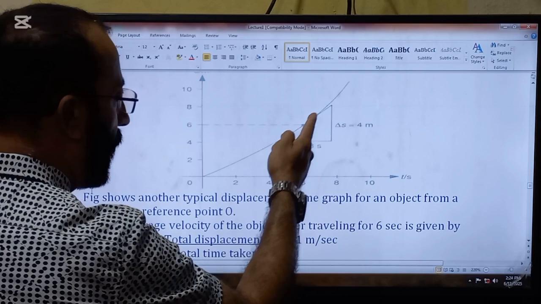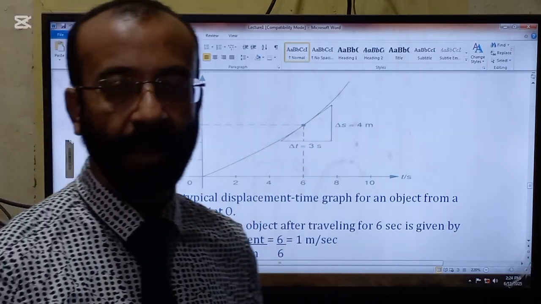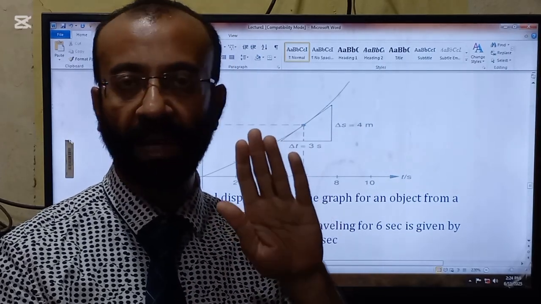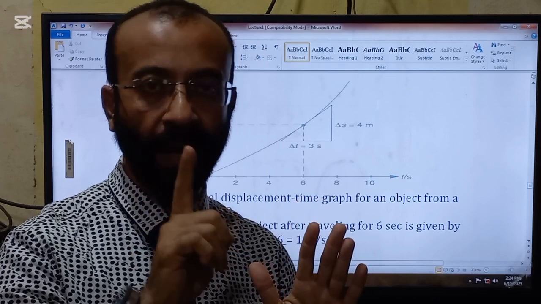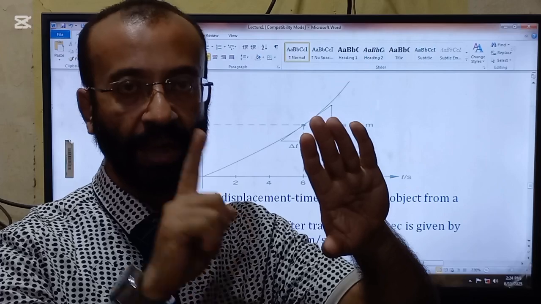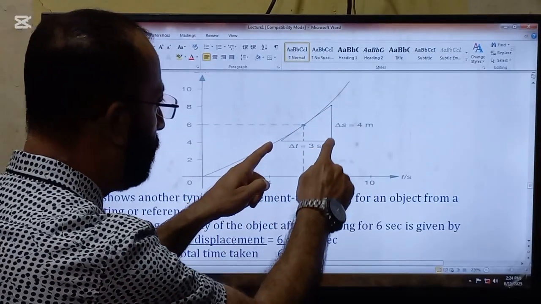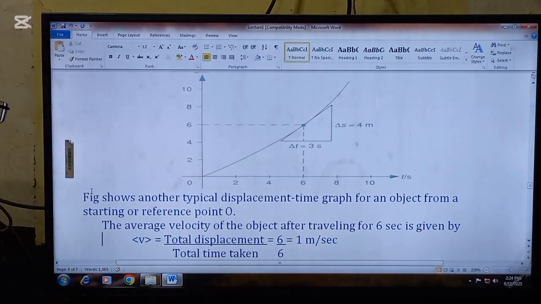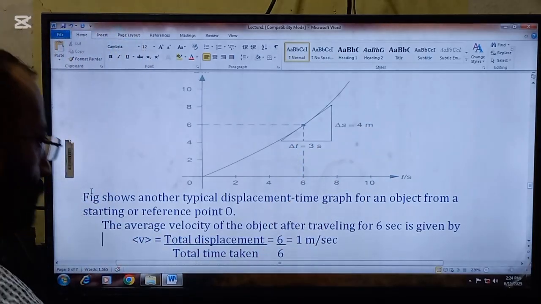So we will draw a tangent at 6. Tangent is a line that touches the curve at only that particular point. So we will draw a line that touches the graph at only 6 seconds. So here is the tangent, and now we will find the gradient.